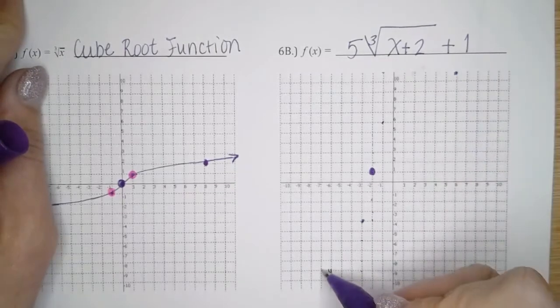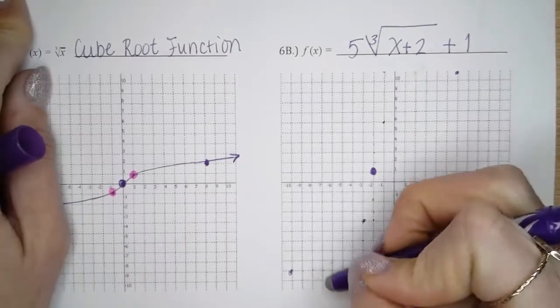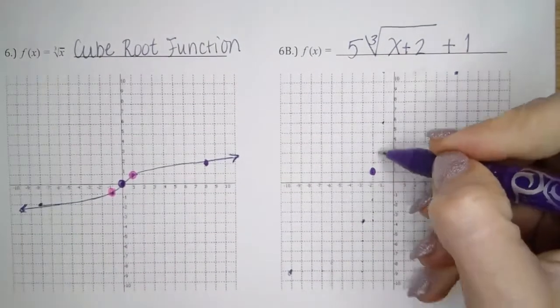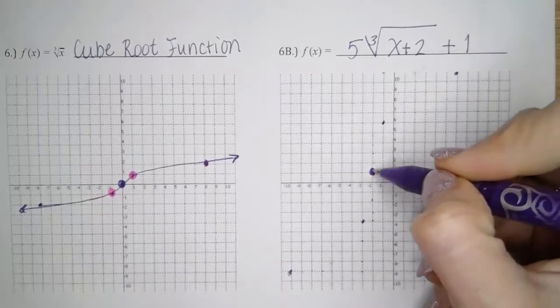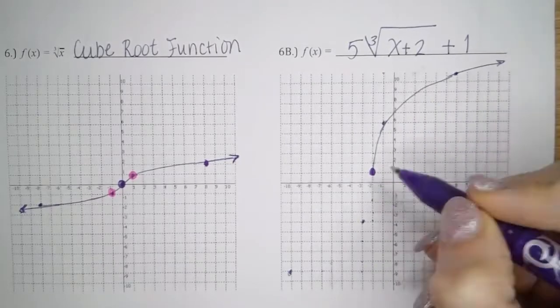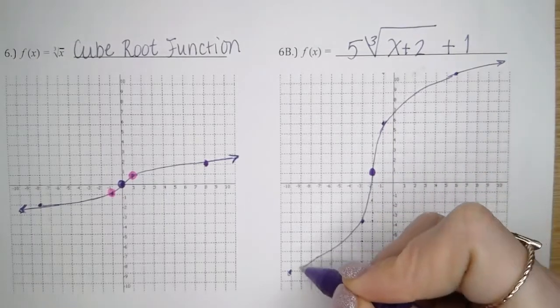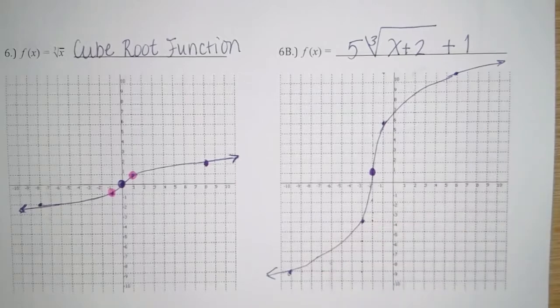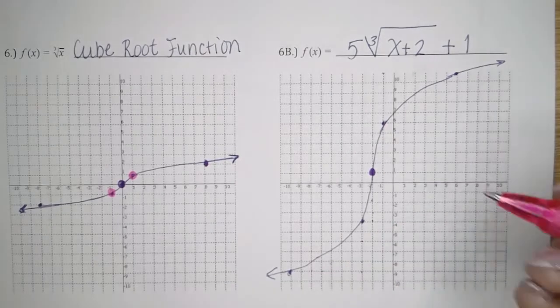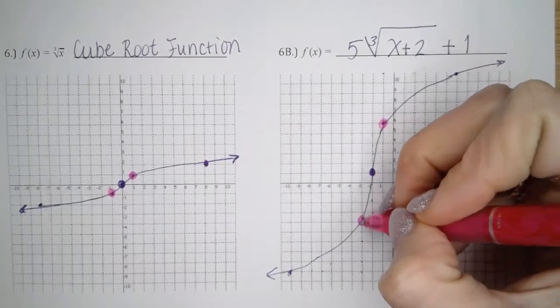And that 3 should be 4 more, 1, 2, 3, 4. Should be 7. My mistake. I started thinking of a square root instead of a cube root. So even though these are a little more extreme, you should still be able to draw a curve fairly accurately if you take your time. And my 2 pink points are going to be these 2 right here.